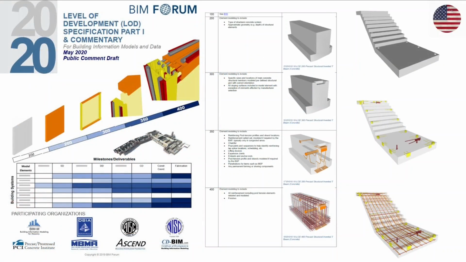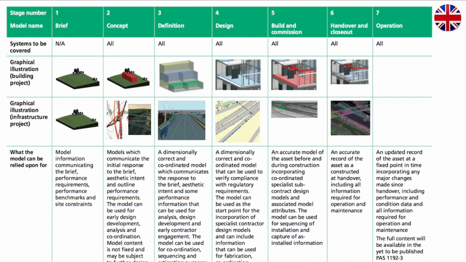As I said, the American standard is being developed today by the BIM Forum. So every year, this organization publishes catalogs that illustrate how to model individual building elements at different levels of detail. The British standard is presented in the form of such a table with graphic examples.